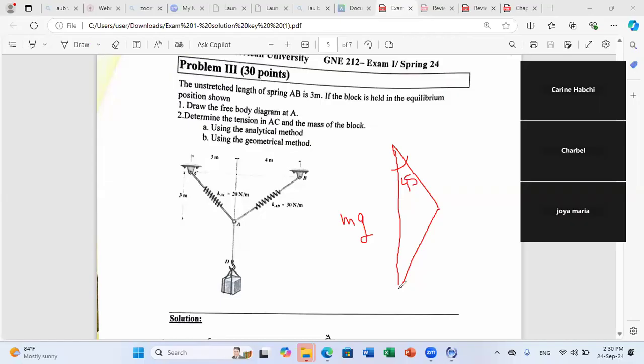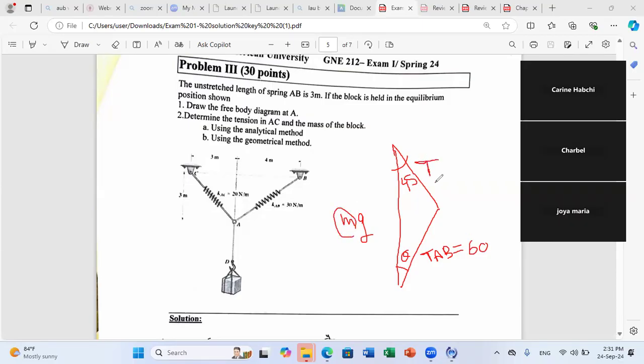This is theta. All angles are calculated already. I know theta. I know beta. This is TAB, and TAB is equal to 60. So I just annotate my figure. My unknowns are only the mass and TAC.